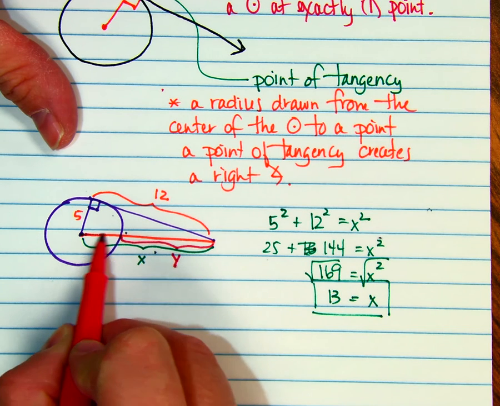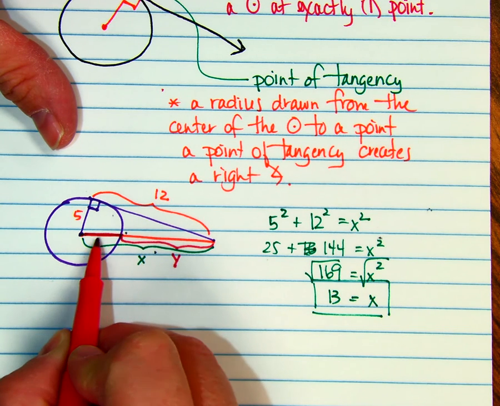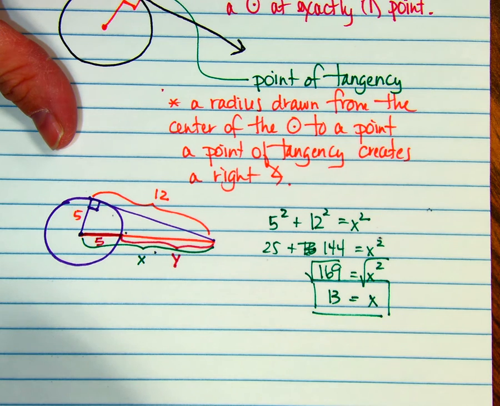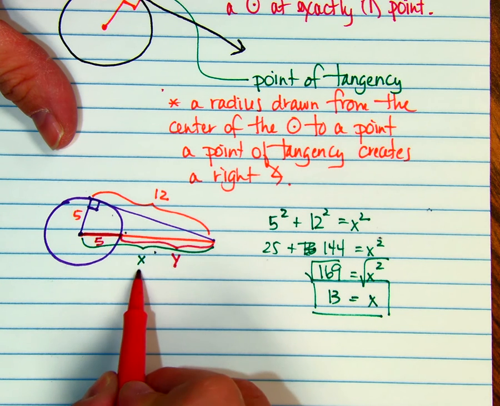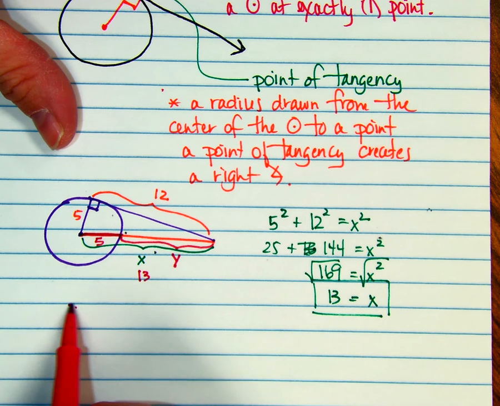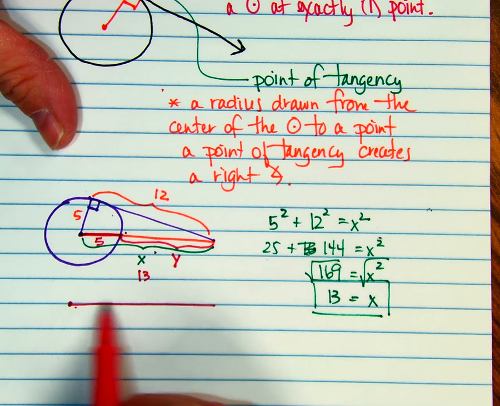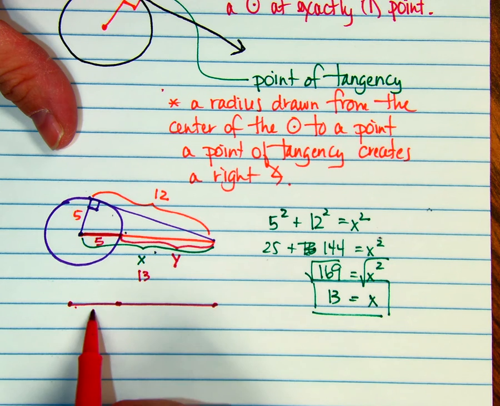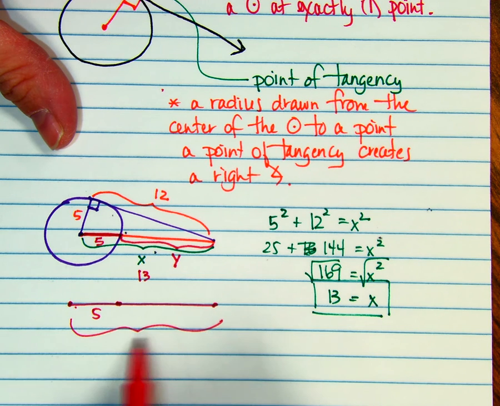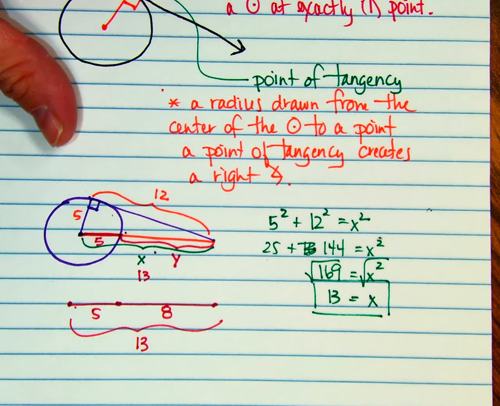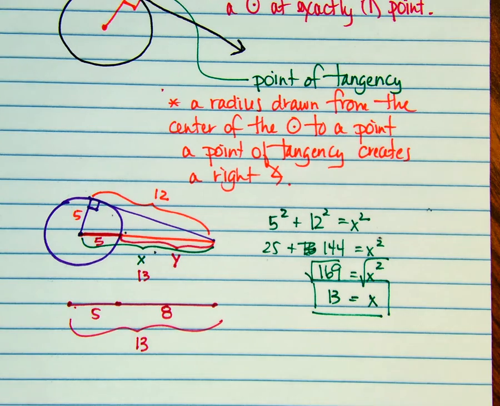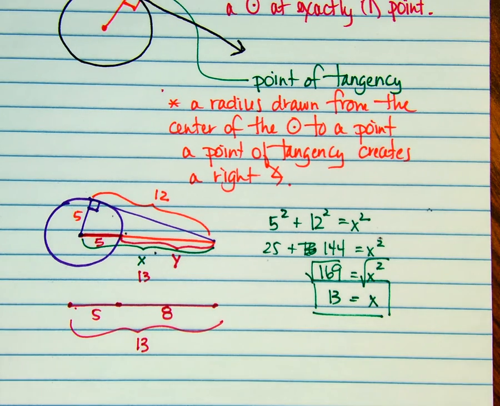Well, we know that this is also a radius, so this is 5. We just found x to be 13, so if I pull this out of here, this is 5, this whole piece is 13, which makes this little piece 8. So you can find lots of missing pieces because of that radius.